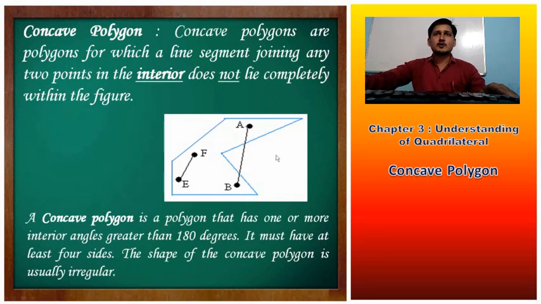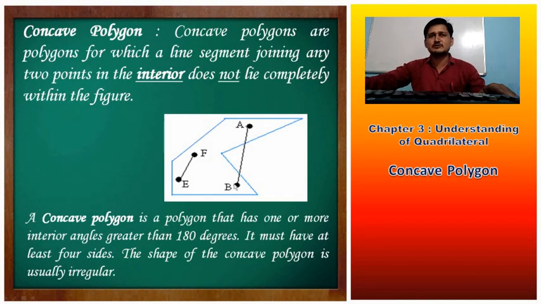So students, concave polygons are the polygons for which a line segment joining any 2 points in the interior does not lie completely within the figure. I have taken one figure here and many points inside the figure. When we join these 2 points, we will find this line segment is completely lying within the figure.